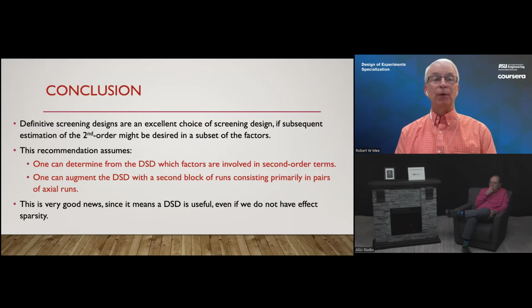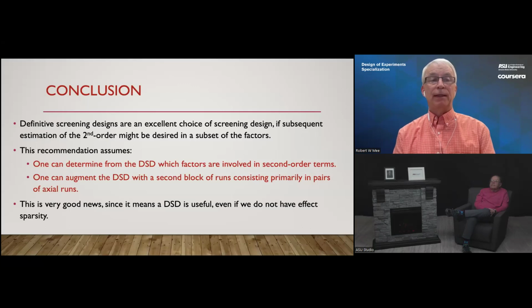So what is the point? Definitive screening designs are an excellent choice of screening design if subsequent estimation of the second order model might be desired, as when we are thinking we may continue to build out a central composite design.